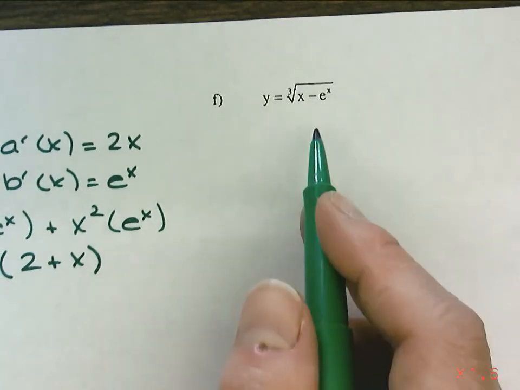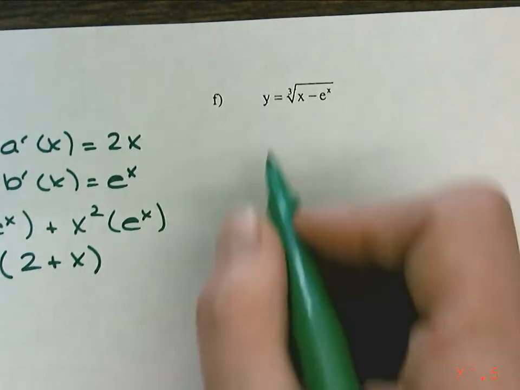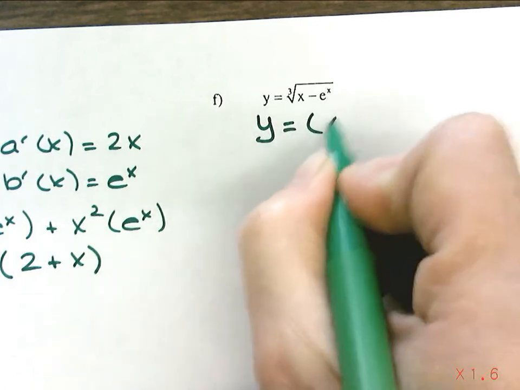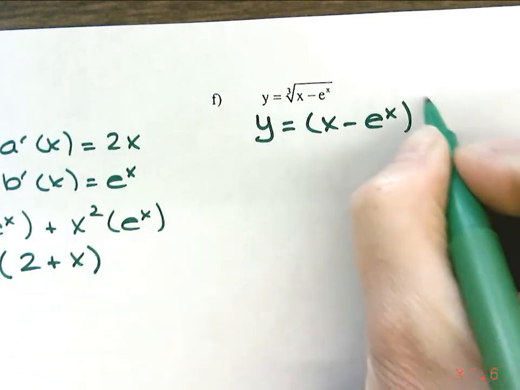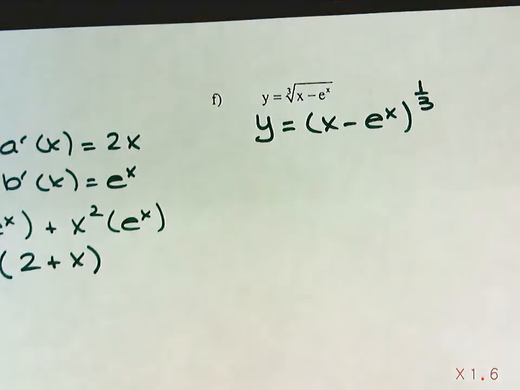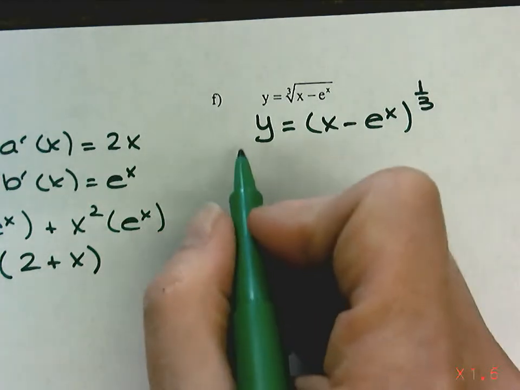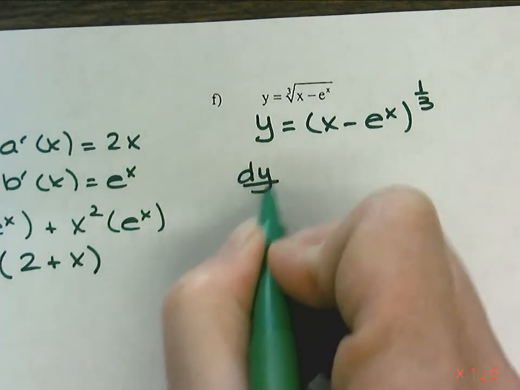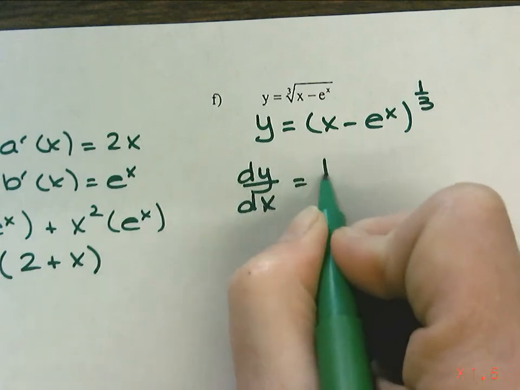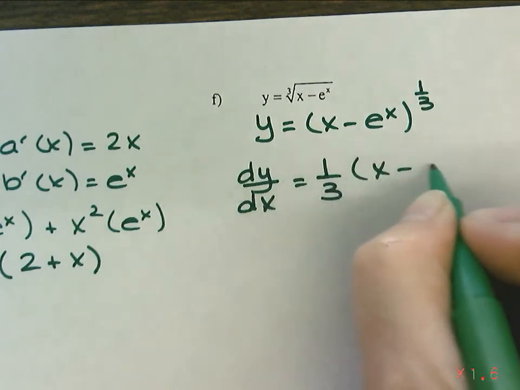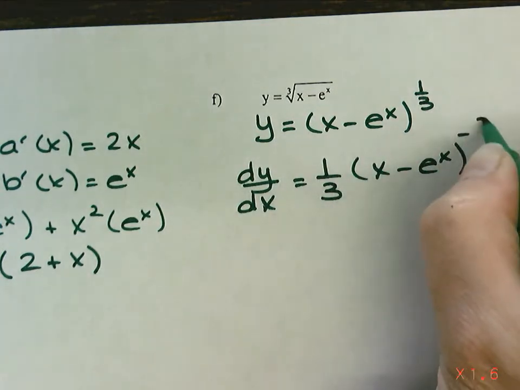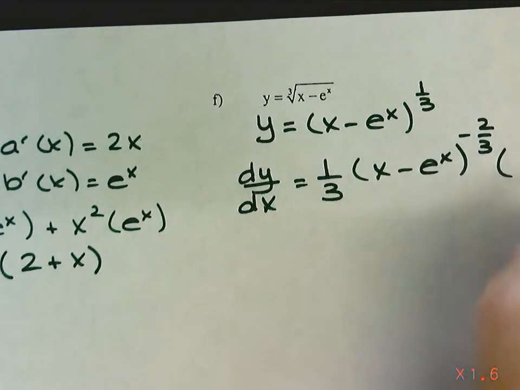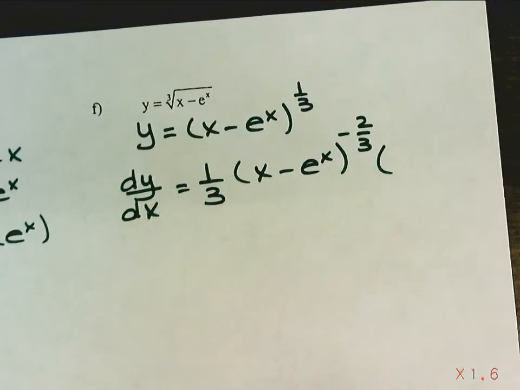For f, I'm going to rewrite this first before I start. So I'm going to rewrite it as x minus e to the x all to the 1/3. Now I'm going to choose the chain rule to solve for it. So I'm going to bring the power down, rewrite what's inside to a power 1 less high, and then I'm going to take the derivative of what's inside.